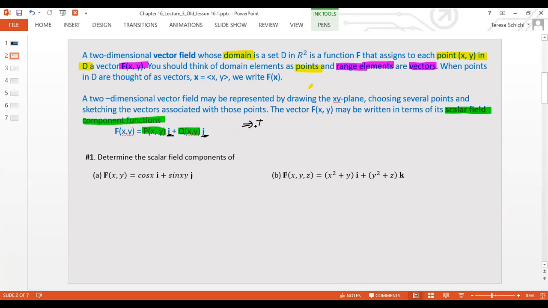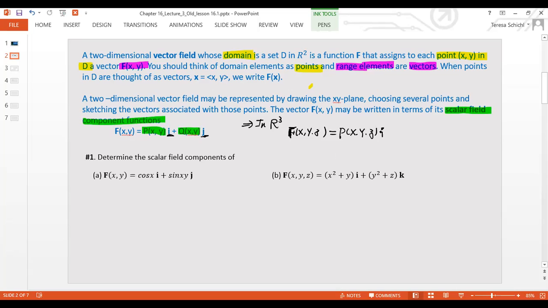We can do it the same way in R3. For every point (x, y, z) in R3, you can define a vector.